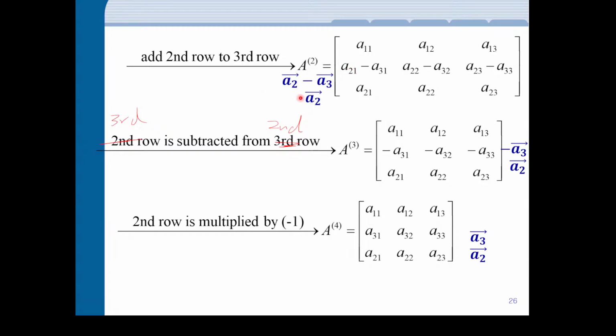Then this A2 will cancel with this A2, and now we have minus A3 and A2 here.